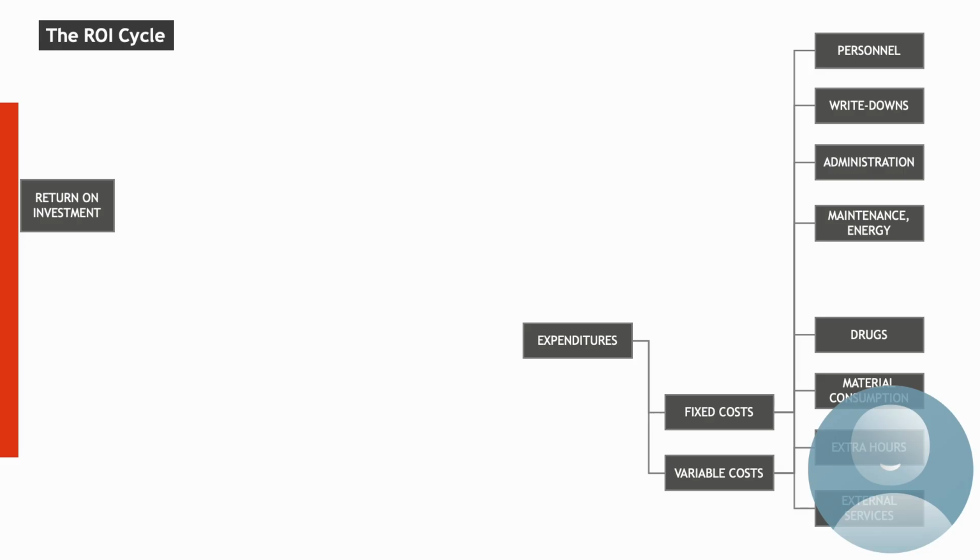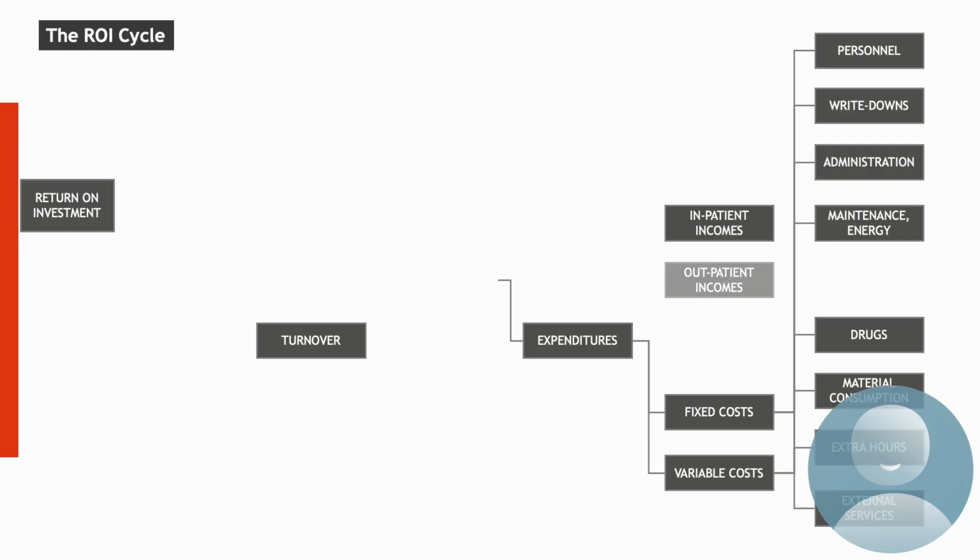Now, all of this is done to generate revenue, which is also called turnover. And where does this turnover come from? These hospital revenues or turnover come from inpatient incomes. These include rental incomes, operating room incomes, procedure incomes.